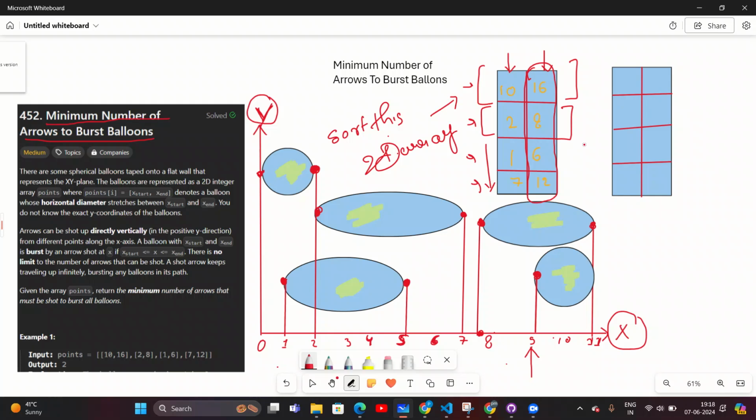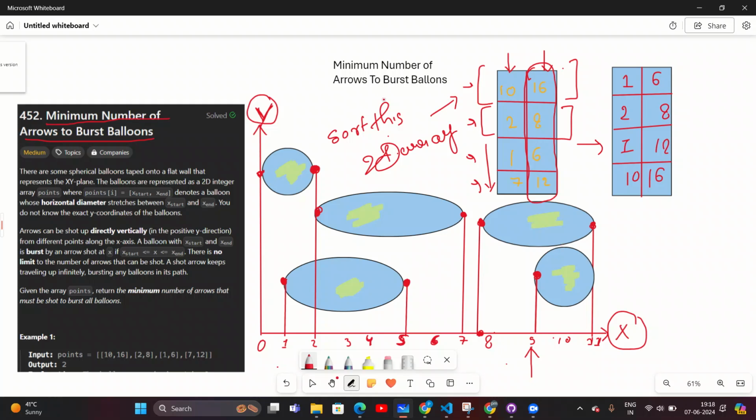So it will become 1 comma 6, followed by 2 comma 8, followed by 7 comma 12, followed by 10 comma 16. On the basis of the increasing order of these elements, we have sorted this.